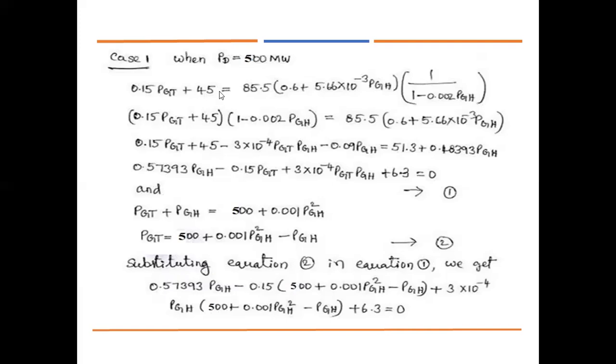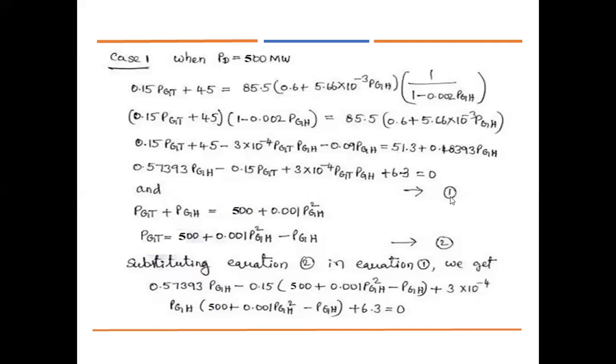By considering these two, we need to write the equation in terms of PGH and PGT. This is equation number 1. In terms of total demand, the equation is PGT plus PGH equal to PD plus PL, where PD is 500 megawatts.